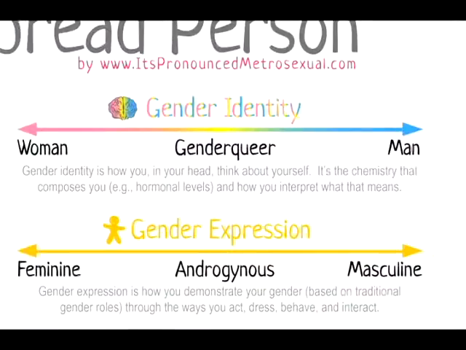So the next one, gender identity, refers to what's between your ears. Gender identity is how you perceive yourself to be masculine or feminine. So someone who is born with a female set of genitalia, so vagina, vulva, ovaries, and uterus, and who identifies as feminine would be called cisgender.